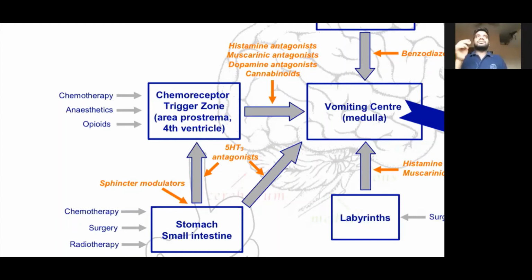This is because our brain needs some kind of sample from the blood many times, and it has many other functions. At this area postrema at the fourth ventricle, we have the chemoreceptor trigger zone, also called CTZ in short. If this gets irritated, if there is any stimulus which can stimulate it, the information can go to the vomiting center, which is in the medulla again.